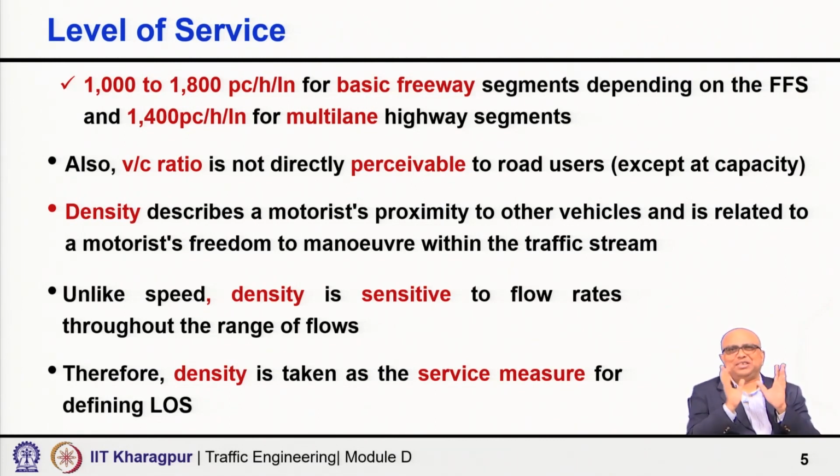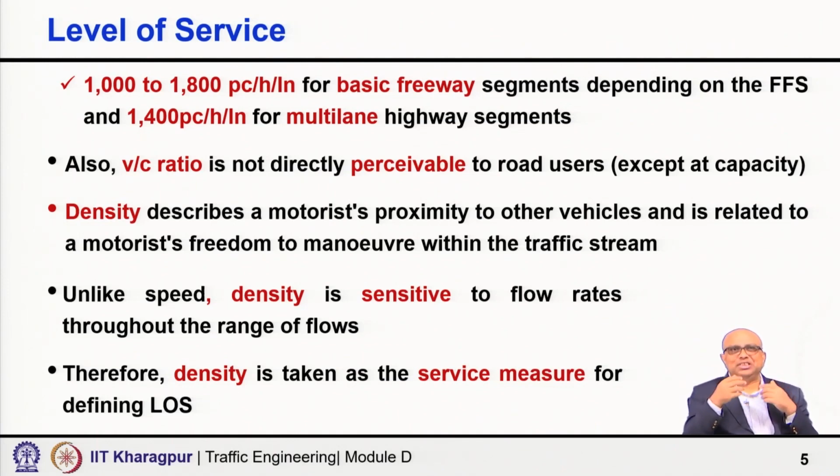In that zone one can perceive it easily, but otherwise the V by C ratio is not directly perceivable to road users, especially when the speed is nearly the same up to a very high flow level.